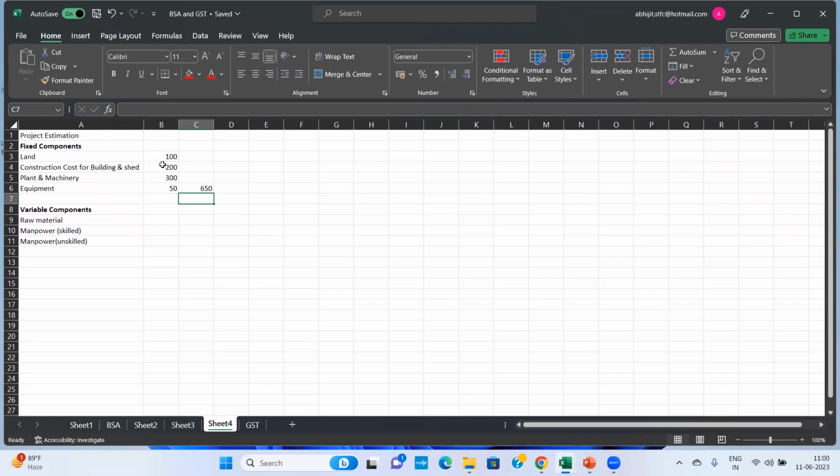Coming to estimation of raw materials, how do I estimate how much raw material I need to procure or how much fund I need to keep for the raw material? How do I understand this?